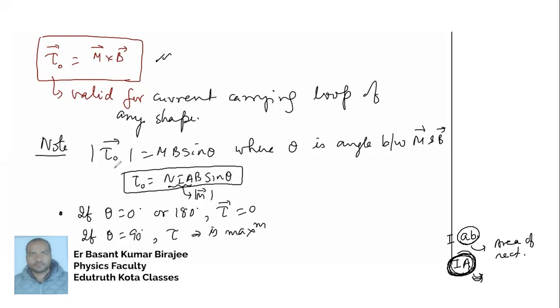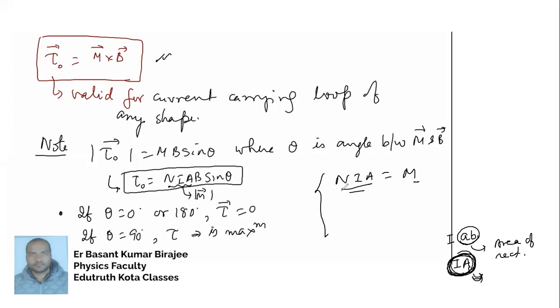Here we have written the magnitude of our torque: NIA represents the magnitude of the magnetic moment, and B is the magnetic field.